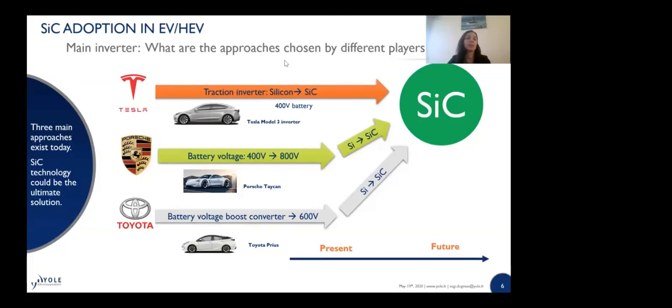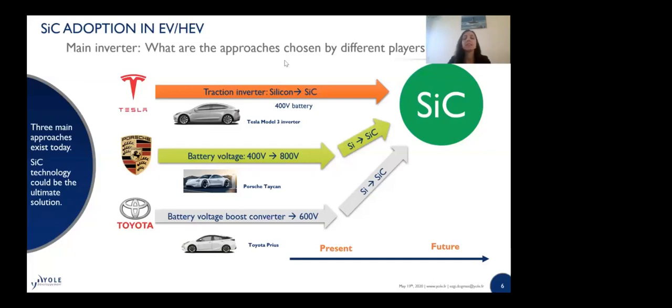The second and the third approach are more related to the trends that we are seeing today. For example, the 800-volt battery in order to boost the driving range, and also to increase the voltage level of the boost converter, which will be used in the car. In the first example, we can count the Porsche Taycan, which has an 800-volt battery.